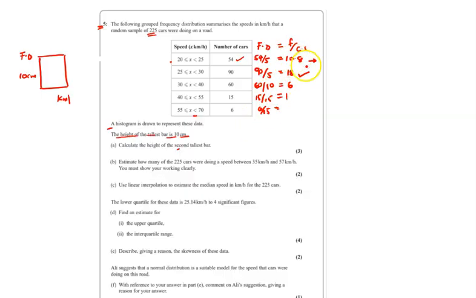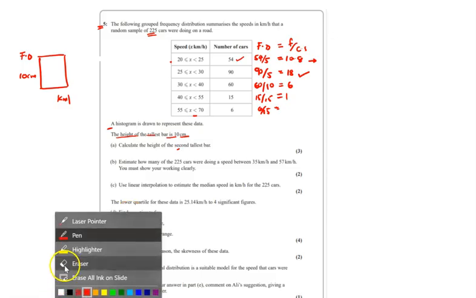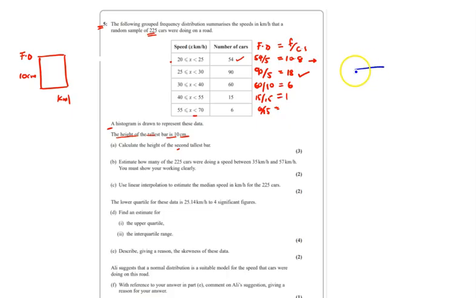When the histogram was drawn, this is our histogram over here. The height of this bar has frequency density 18, and this 18 was represented by 10 centimeters. Now we are looking for the height of the second tallest.